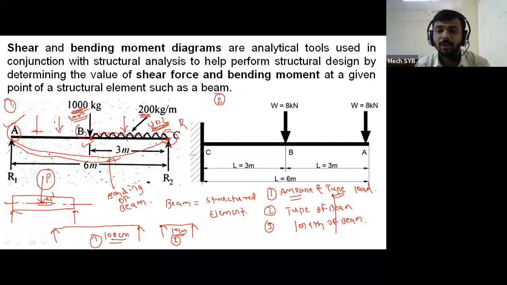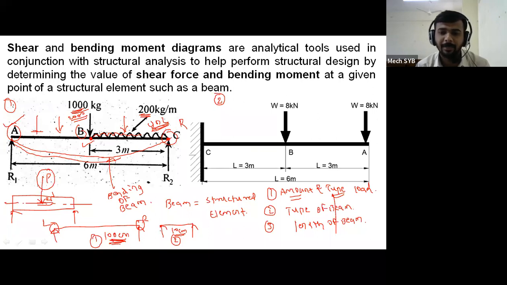10 centimeter is not that much, as compared to the 100 centimeter length beam. Minimum bending is taking place in the 10 centimeter. Because why? Because if you see figure number 1, the length is 100 centimeter, which represents the distance between two supports. So this is the support at the left side and this is the support at the right side, and this is the 100 centimeter distance between left support and right support.